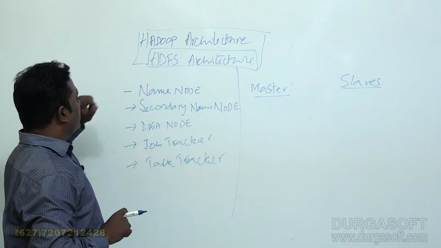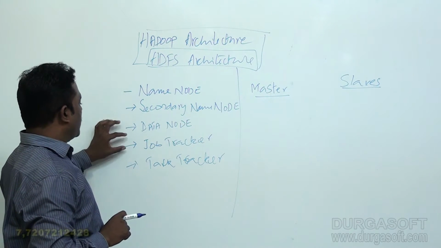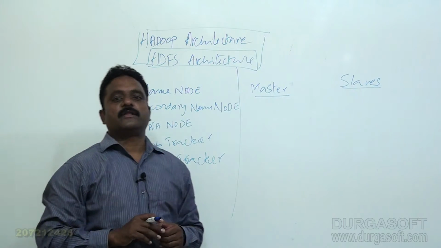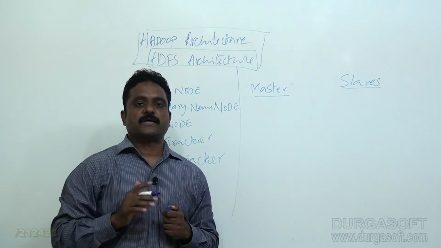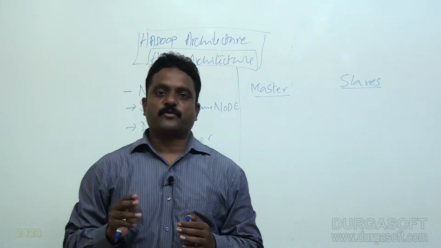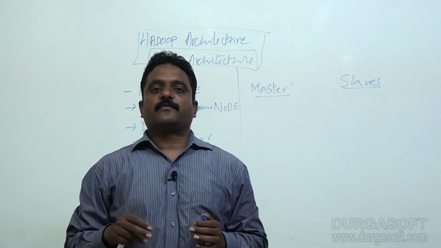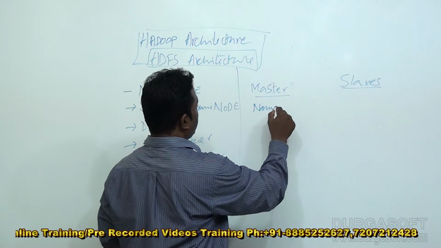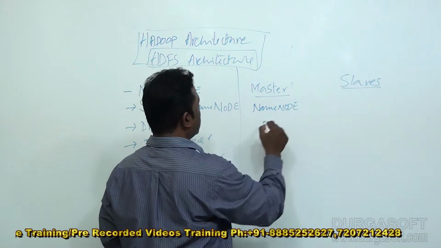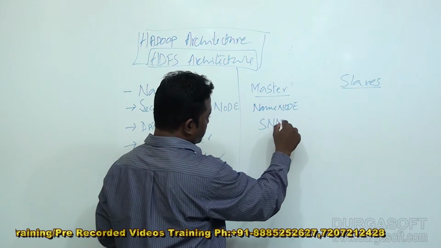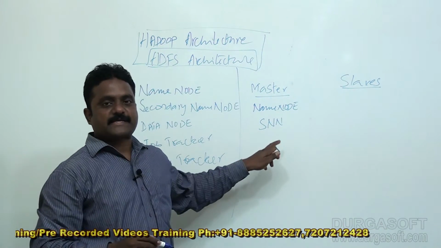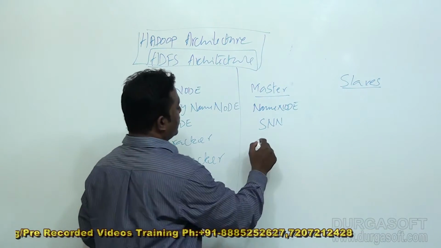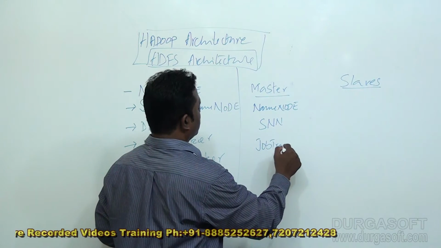Now name node, secondary name node, and job tracker, we call them master nodes. So name node, secondary name node, I represent this as SNN, and job tracker.